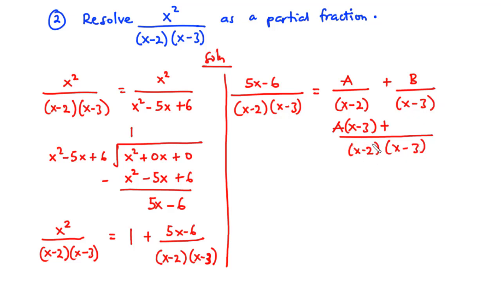We have x minus 2 times B. So that is equal to 5x minus 6 over x minus 2 times x minus 3. Now because the denominators are the same, we only focus on the numerators.